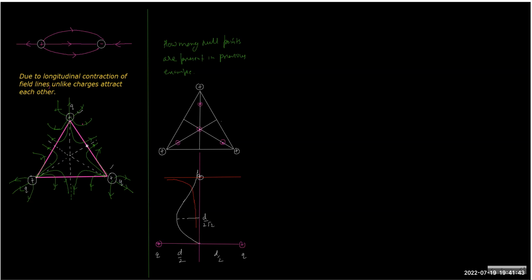So this is the point of intersection of these 2 curves, and therefore every line will have 2 null points. One will coincide with the centroid.